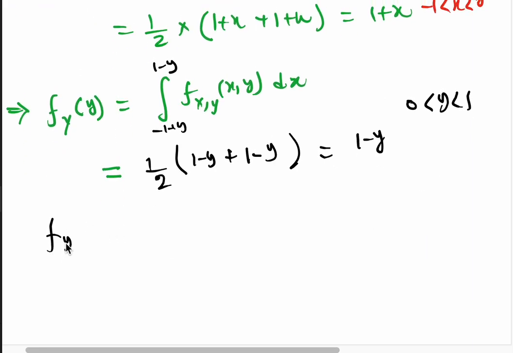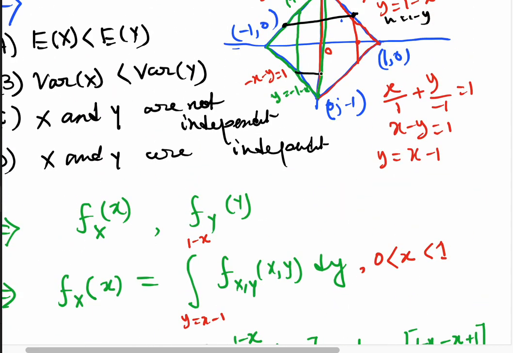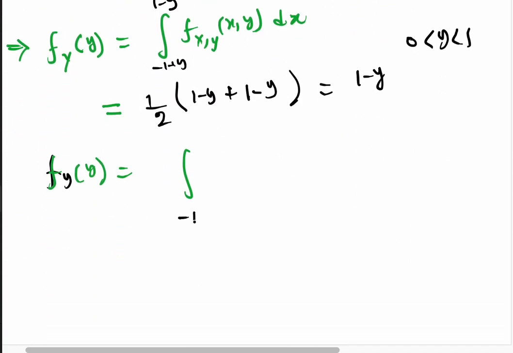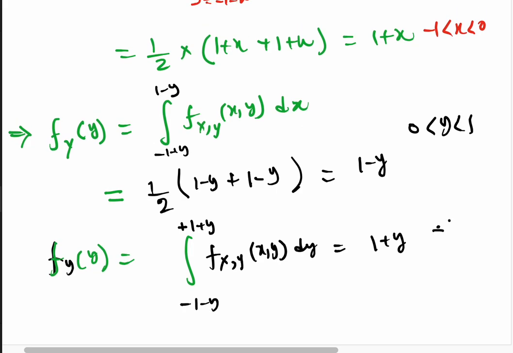And if y is in the other region, x goes from -1 minus y to 1 plus y, and integrating gives 1 plus y, valid for -1 less than y less than 0.